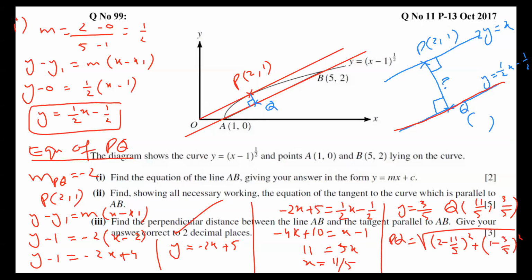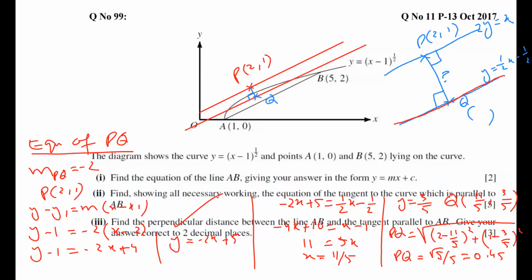Let me calculate quickly myself, I want to save the time. 11 by 5 whole square, plus 1 minus 3 by 5 whole square. Answer is coming root 5 by 5. So PQ distance is coming root 5 over 5 units. This is the distance between them.